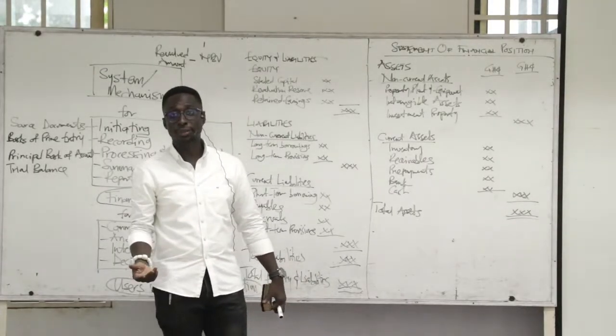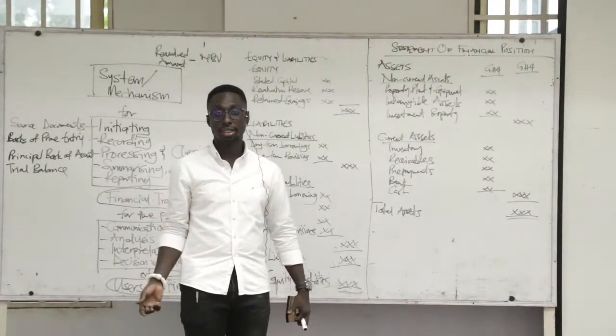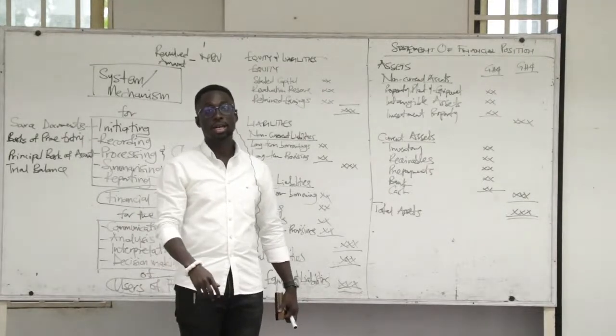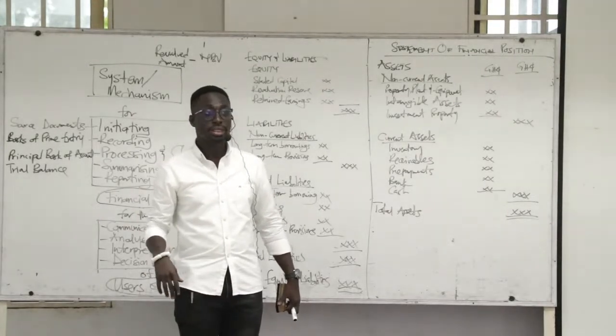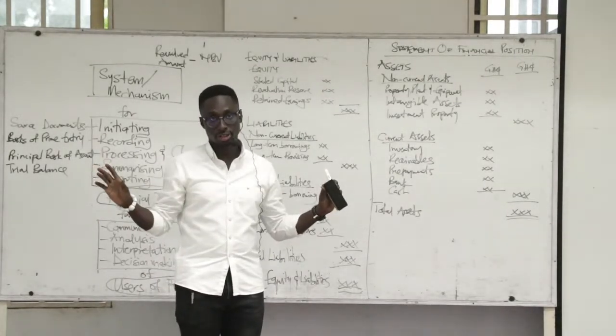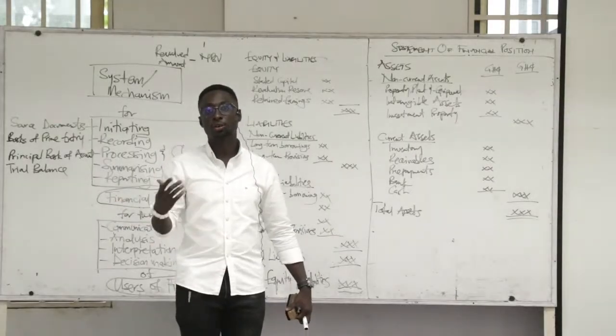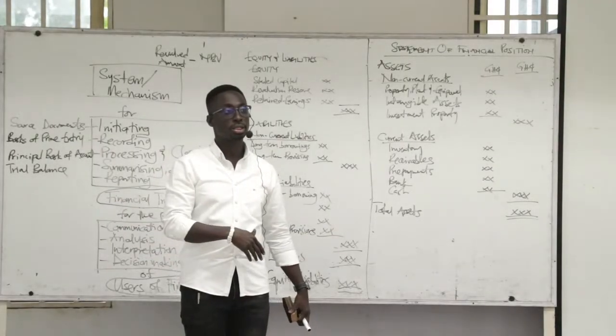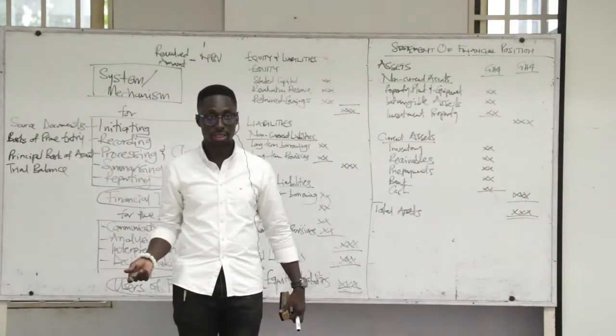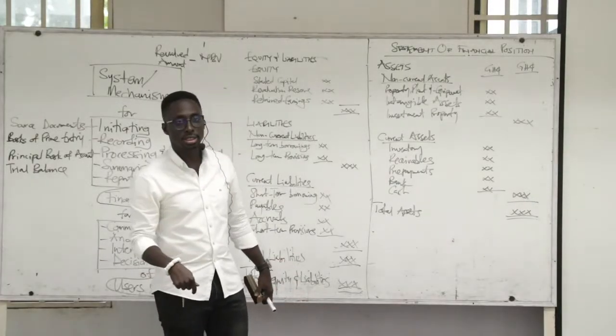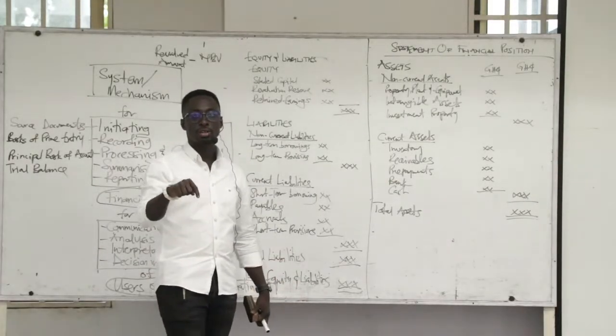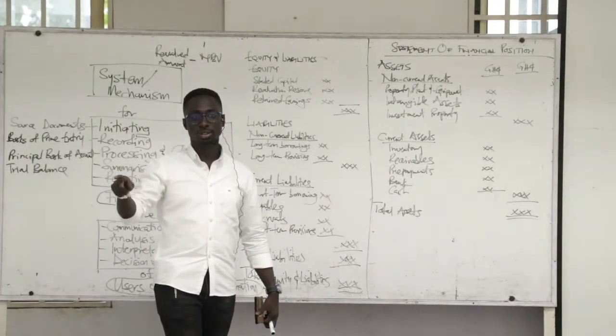The value of the loan is 100,000 Ghana cedis. Per the loan repayment arrangement, there's no interest, but at the end of every year, we pay 20,000.